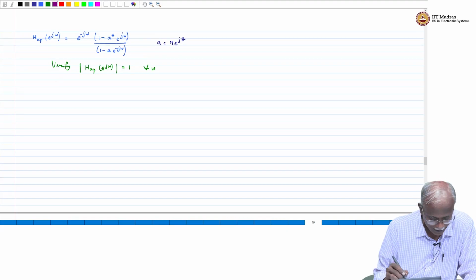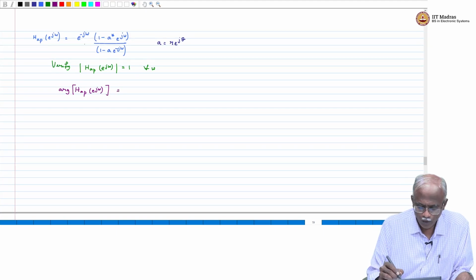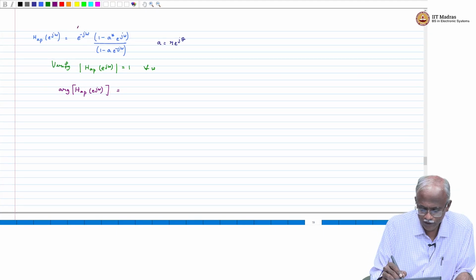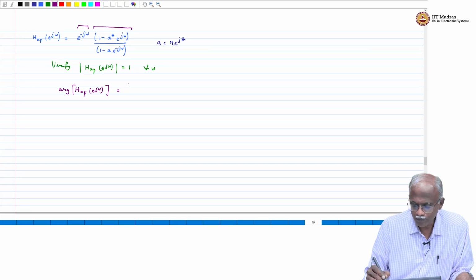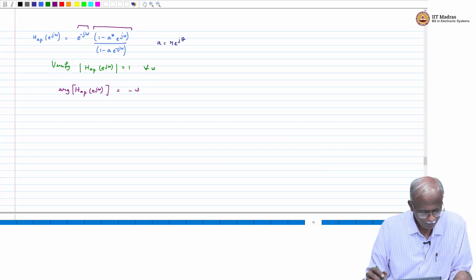So the next step is to look at the argument of H_AP(e^{jω}). Remember, we always go the same way, but now there are two terms. You have a first term which is e^{-jω} and a second term. The first term contributes a minus ω in terms of the phase. If you take only the phase part, it will be minus ω.